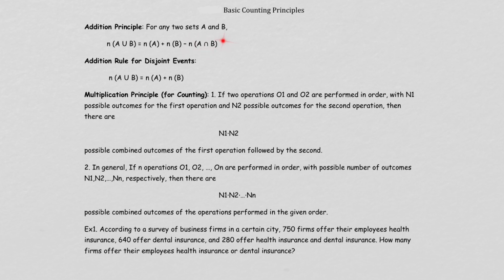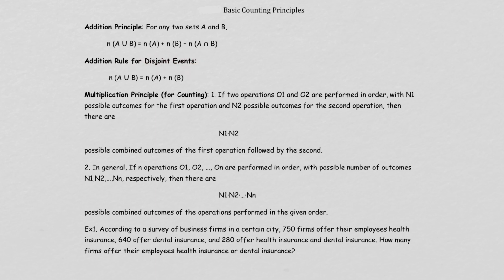So that's why you're going to subtract that one out. For example, if you had one here, one there, if you're adding those two, you're using one twice. That's why you're going to subtract the intersection one time, so that you will only use the intersection once.